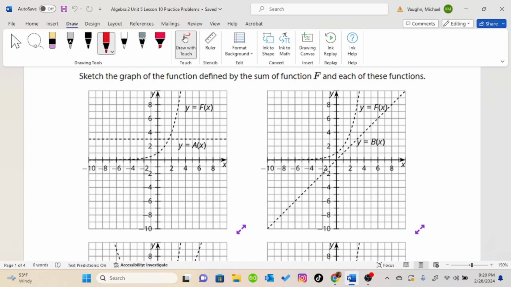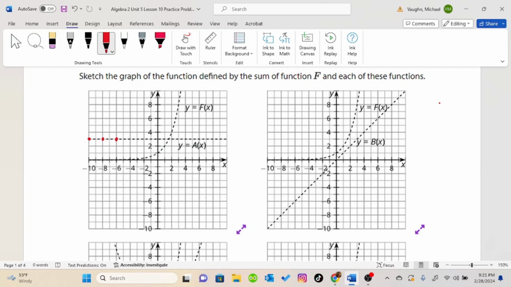the values are clear. So we can see that at negative 10, we have 0 plus 3 equals 3. At negative 8, 0 plus 3 equals 3. At negative 6, 0 plus 3 equals 3.